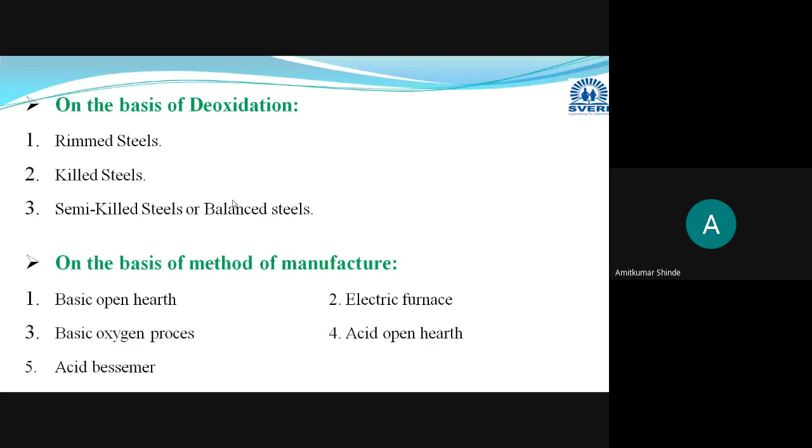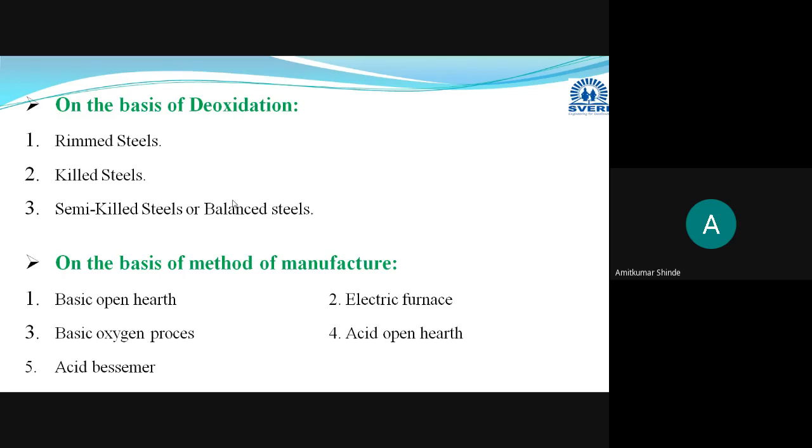Now, whenever we are manufacturing steels, first we heat it into the molten form. Suppose we are manufacturing the steel in the form of a plate or a rod.